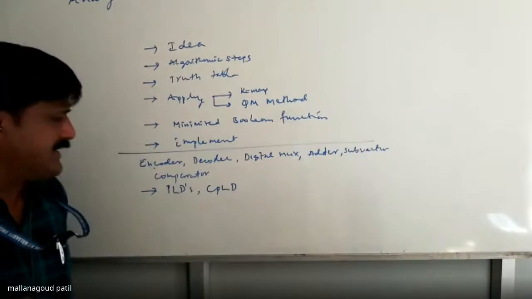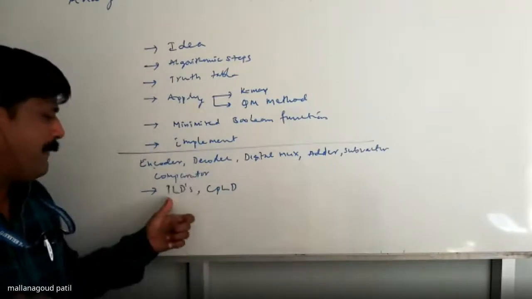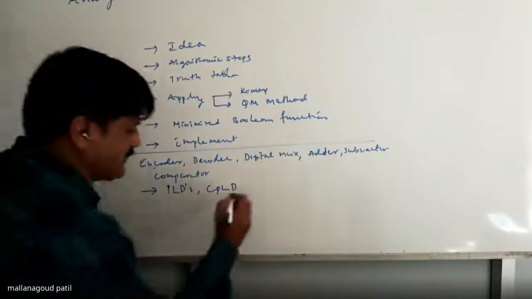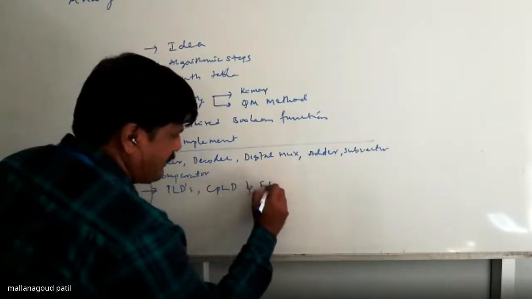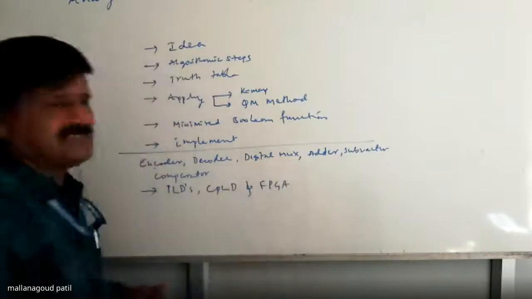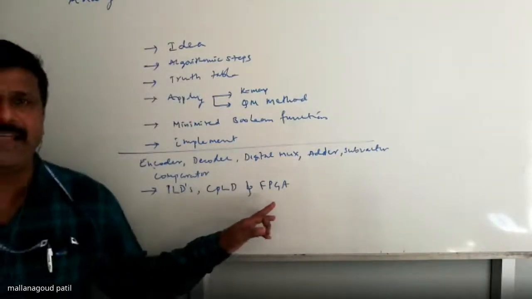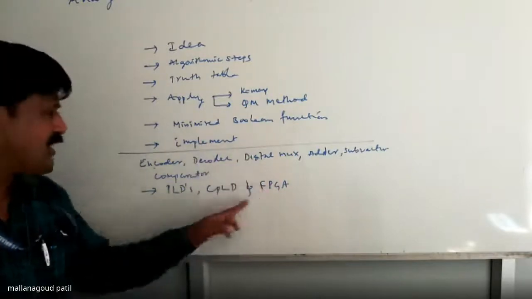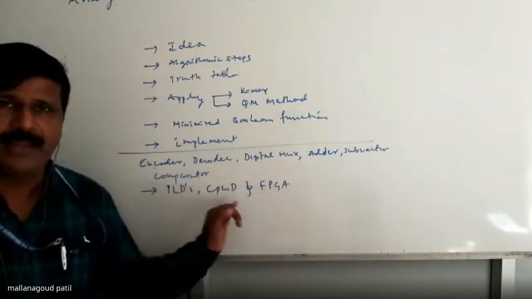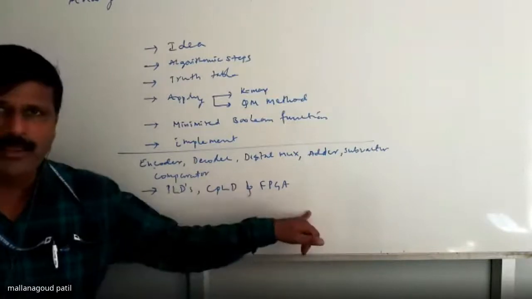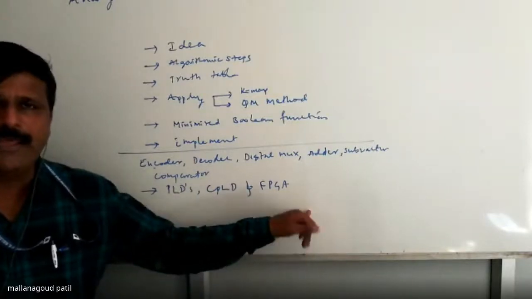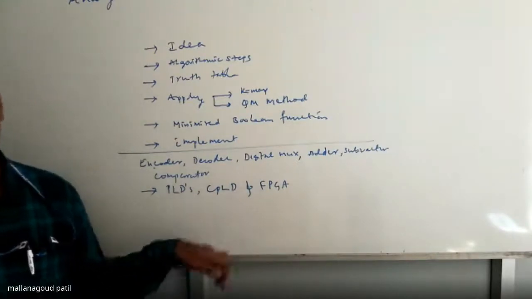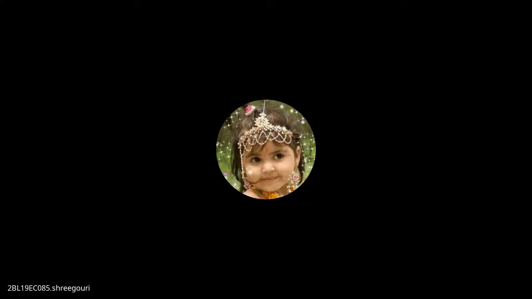You'll be studying in this module PLDs, complex programmable logic devices, and FPGAs, field programmable gate arrays. These are all arrays. The array may be an AND array, may be an OR array. Then either both may be programmable, or only one may be programmable.